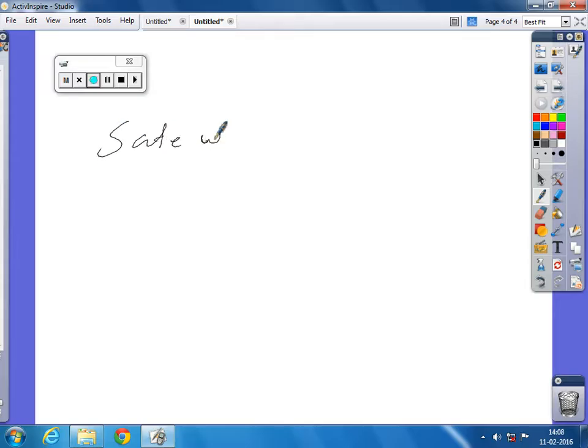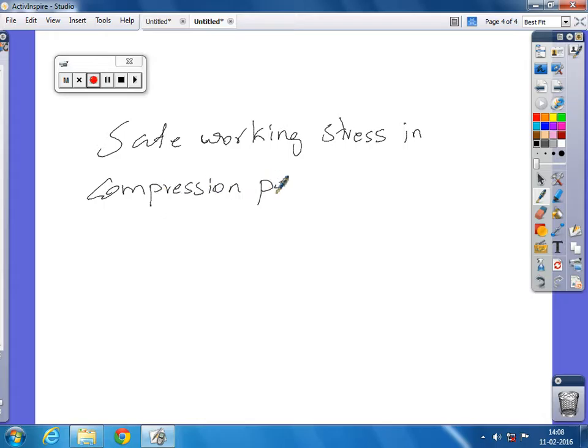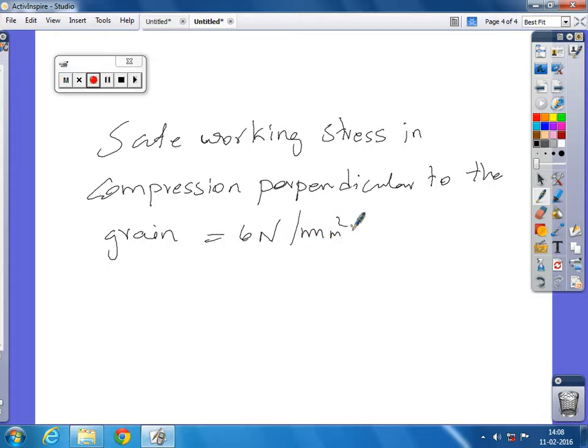Safe working stress in compression perpendicular to the grain is 6 Newton per mm square.